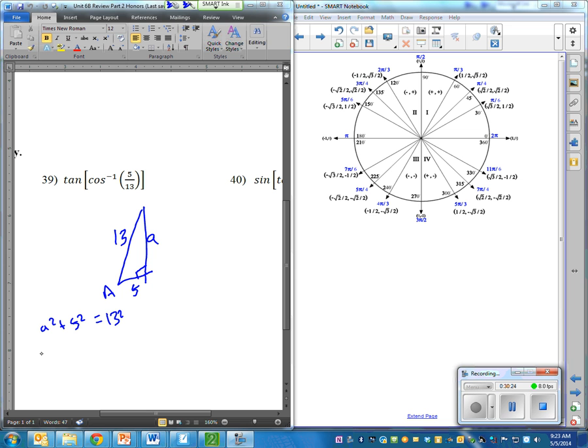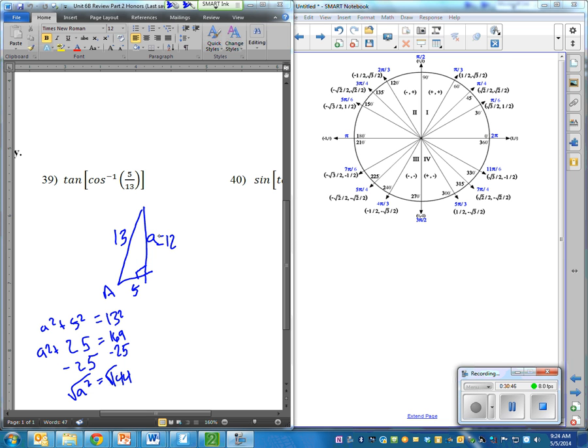That gives me A squared plus 25 is equal to 169. You subtract 25, and you end up with A squared is equal to 144. You square root both sides, and A is going to equal 12.